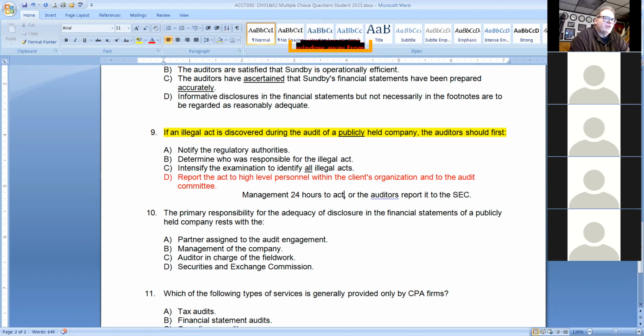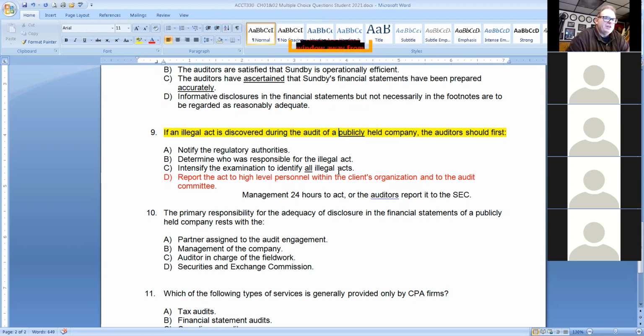So it's publicly traded. If it's not publicly traded, it's a bigger can of worms. If it's publicly traded, you are required to report it to the SEC within 24 hours if they don't do anything. If it wasn't publicly traded, you found something illegal and it's material, you probably end up getting a lawyer, saying, okay, what do we do now?